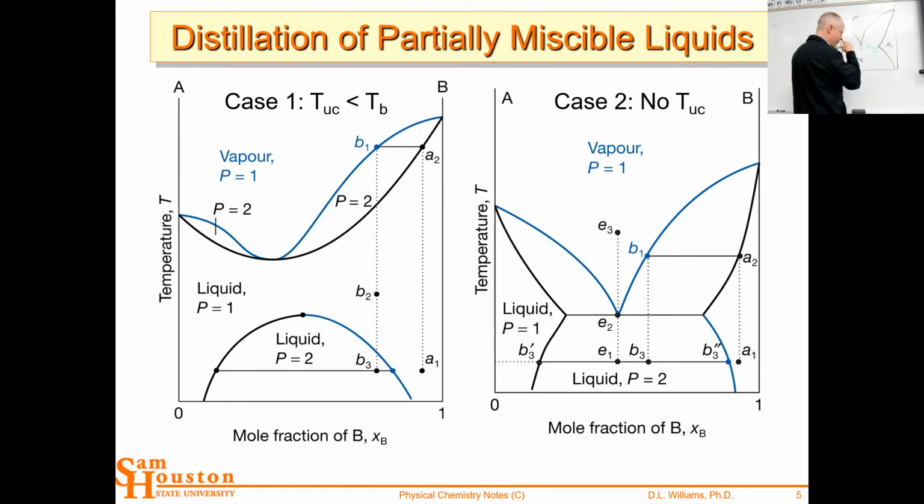I guess the L is probably not good, so I'll use distance instead, D1, D2, instead of putting L's for the lengths of those tie lines. And this is vapor. So that's the vapor composition above the two-phase liquid.